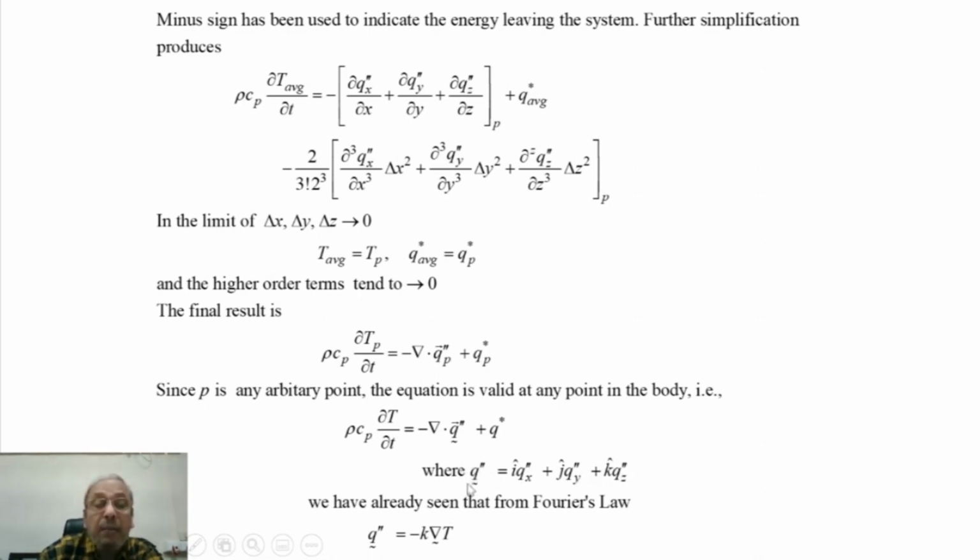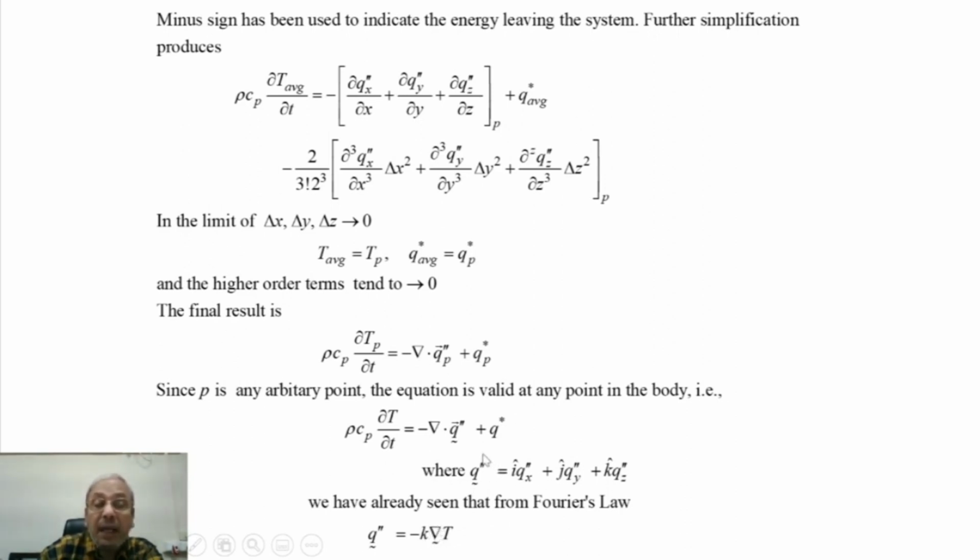Q double prime is given by, as we have seen in an earlier lecture, minus K, thermal conductivity, into grad of T, the temperature gradient.